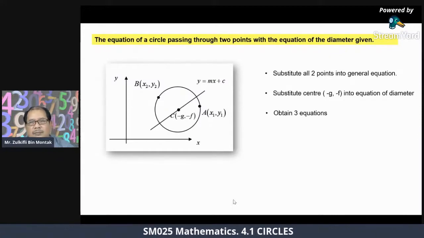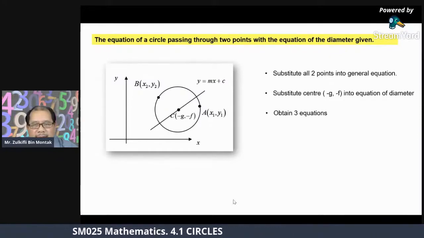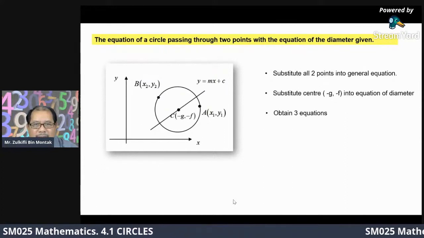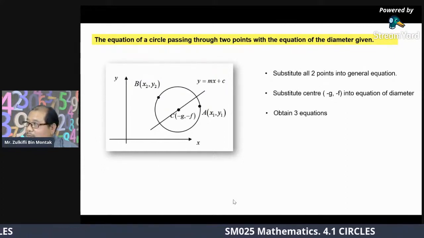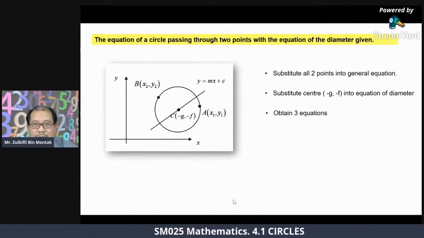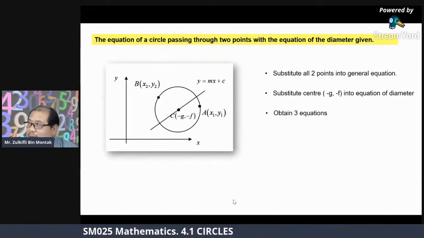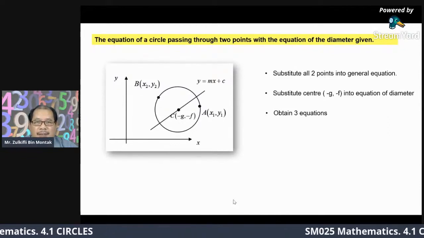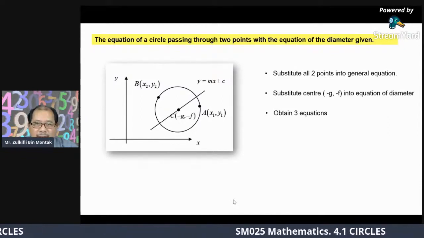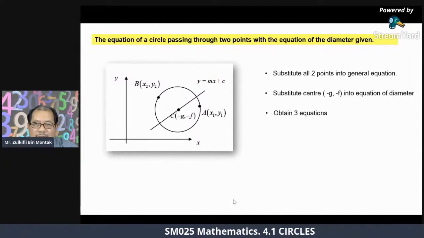The idea is first we substitute the 2 points into the general equation. Now you have two equations. Next, another equation we can find using the equation of the diameter.